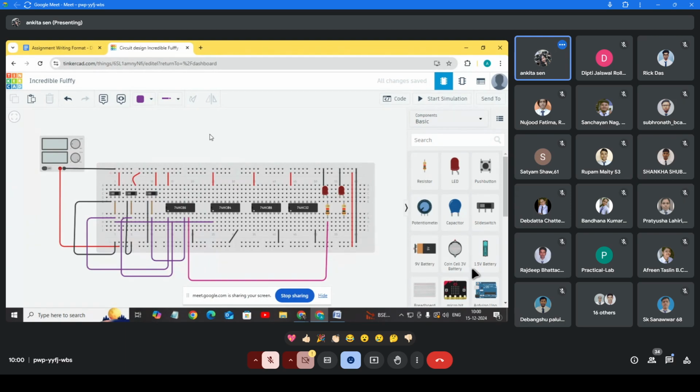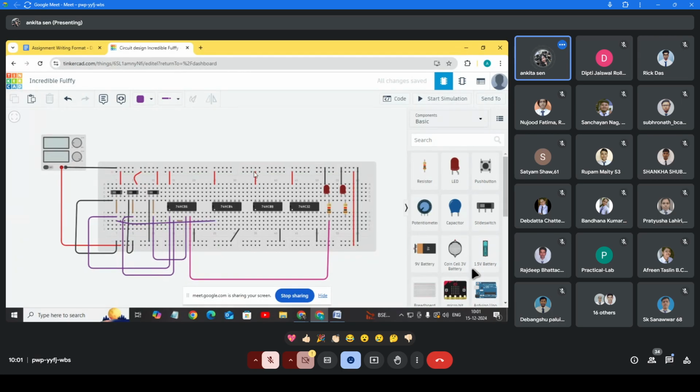Complemented A and B directly should be fed to where? AND gate. So this one is B. Let's change the color to something else.